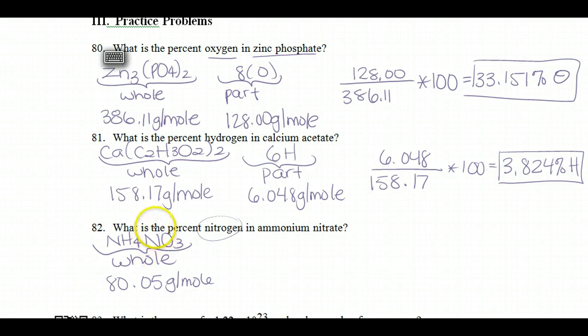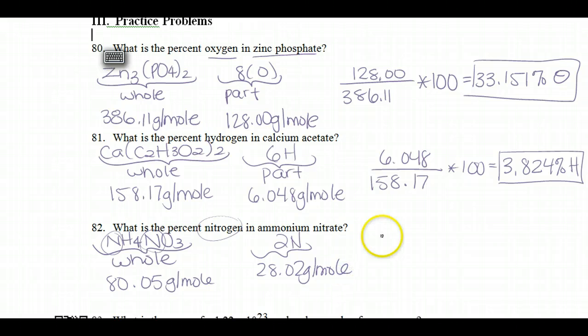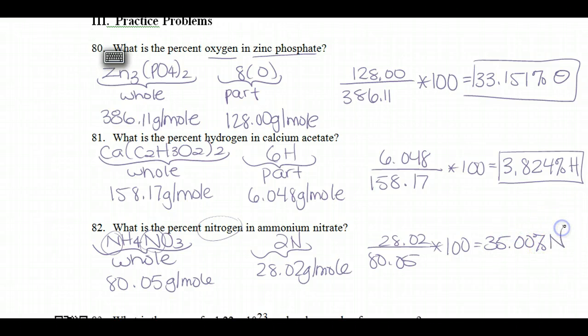We've got 1 nitrogen here, and then we have 1 nitrogen from the ammonium. So we actually have 2 nitrogens here for a total mass of 28.02. So we plug that into our percent, our part over our whole times 100, and that is going to give us 35% exactly nitrogen.